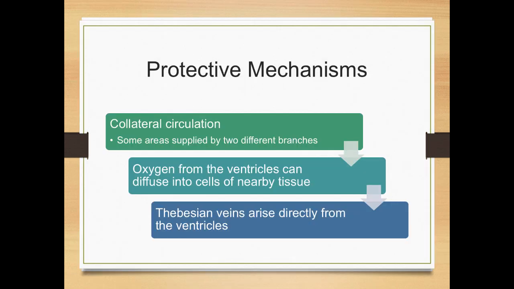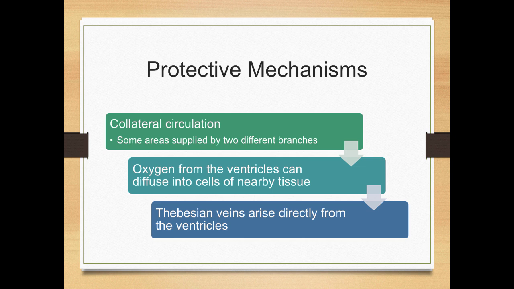We know about our coronary arteries, but there are also a few cool little protective mechanisms that our heart has. Remember, your cardiac muscle, your heart, is going to feed itself first with oxygenated blood, and there are some protective mechanisms here. The first is collateral circulation.